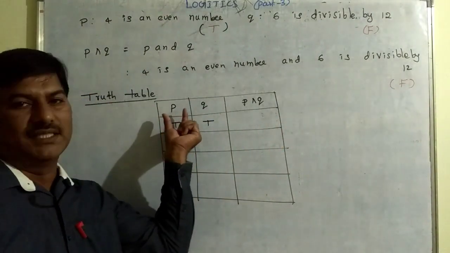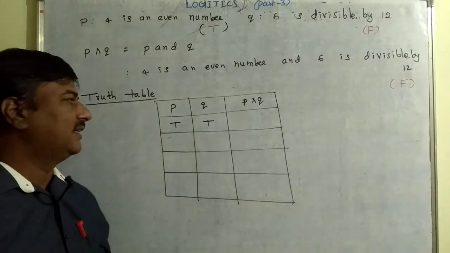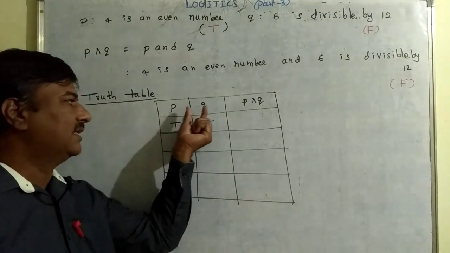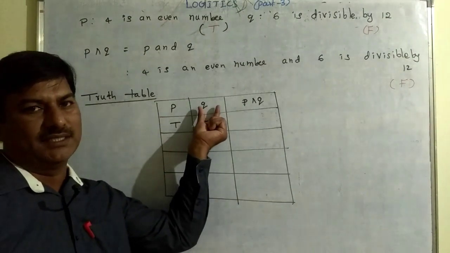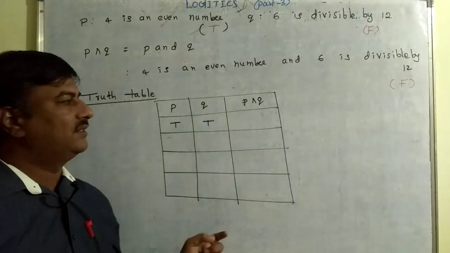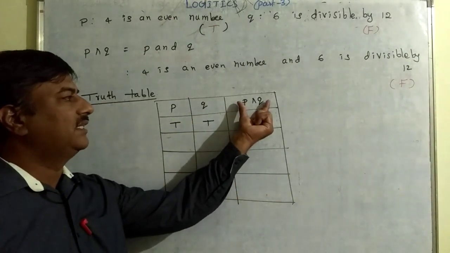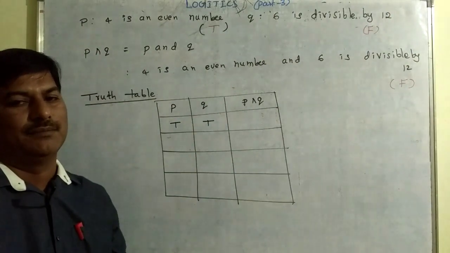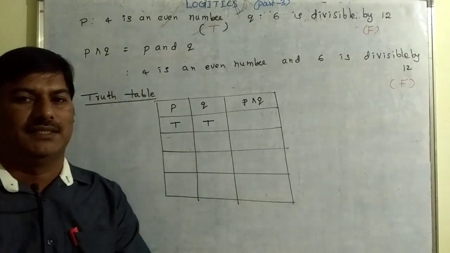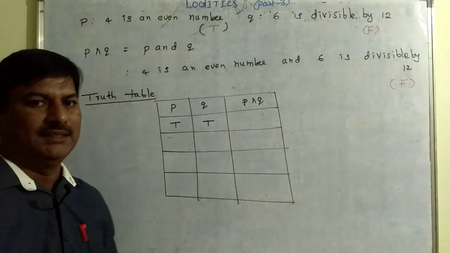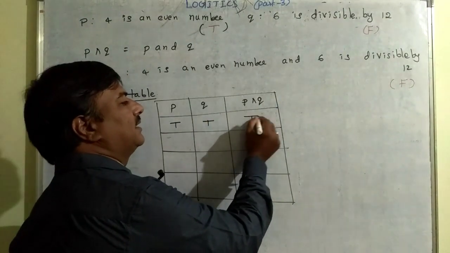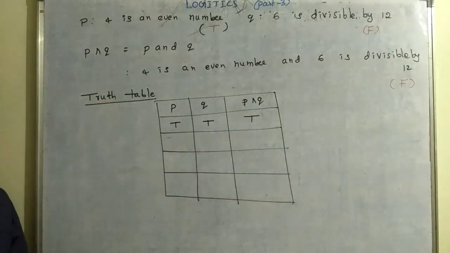Here we are writing an example. P is Ravi passed in mathematics, and Q is another statement, Ravi passed in physics. The third, the combined statement, is: he passed mathematics and physics. That means he passed the examination. That means for the combined statement, if both are passed, then he passed the examination.